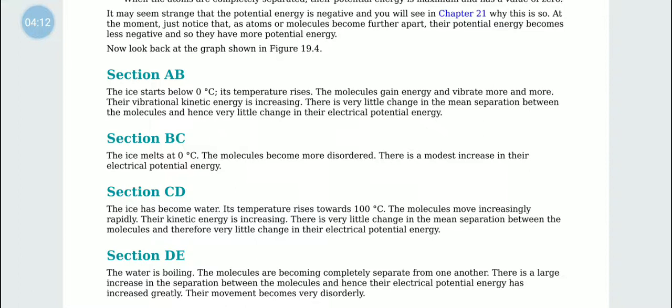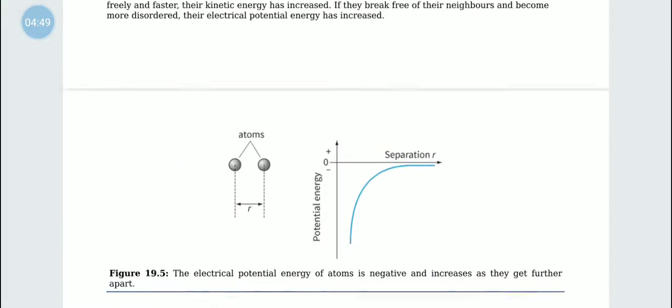This results in vibrational kinetic energy increasing. So in this period of time, there is only a little change in the mean separation of the molecules, because they are not really separated by a large extent, so there is only a little change in the electrical potential energy.